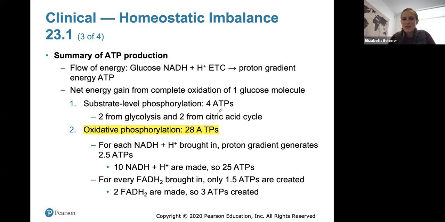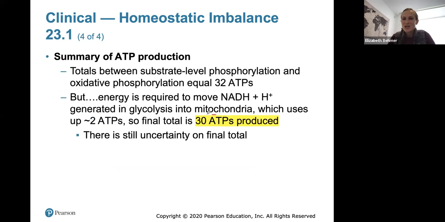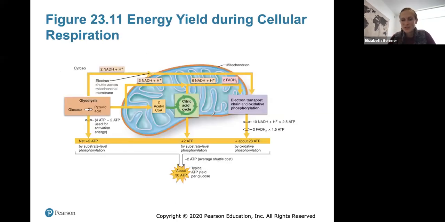Substrate level phosphorylation produces about 4, oxidative phosphorylation produces about 28. So in general, we're producing about 30 or 32 ATP for just one molecule of glucose. That is still a little uncertain. Different textbooks will tell you different things. So anywhere between 28 and 32 will be the total amount of ATP produced for each molecule of glucose.